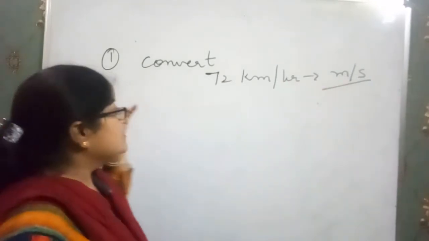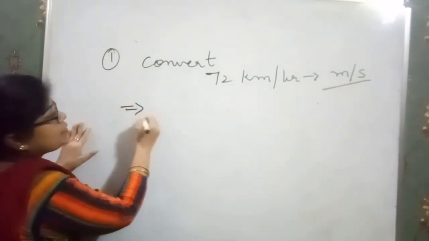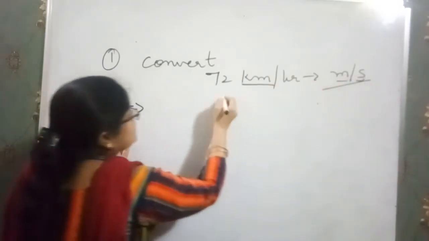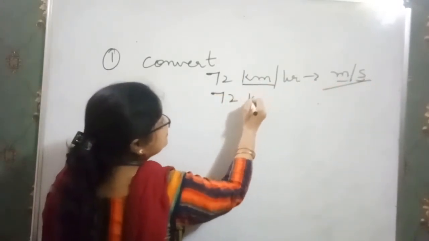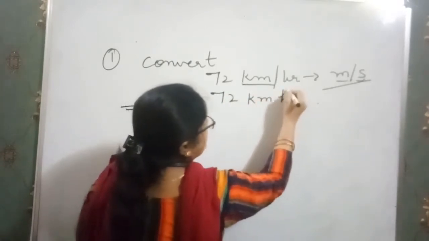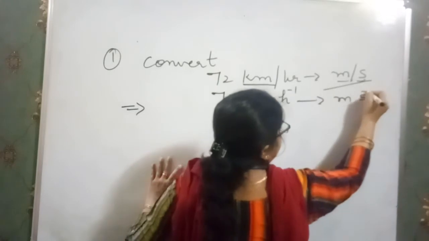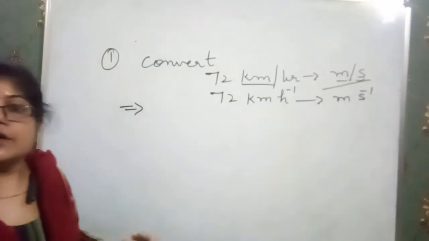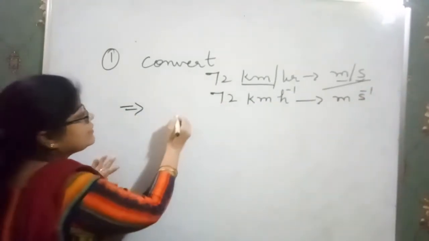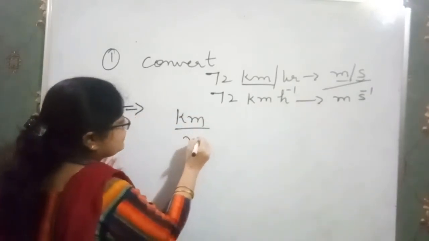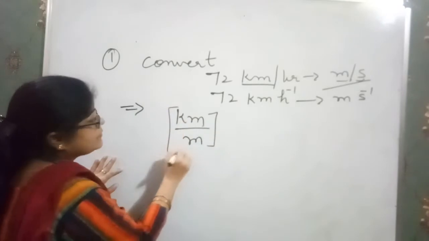Let's see. In this case, as I told you earlier, we have to convert into meter per second. That means it becomes 72 kilometer hour^-1. It goes into meter second^-1. Clear? Now we write it. Numerator in the unit and the unit in which we have to convert into denominator. Clear?